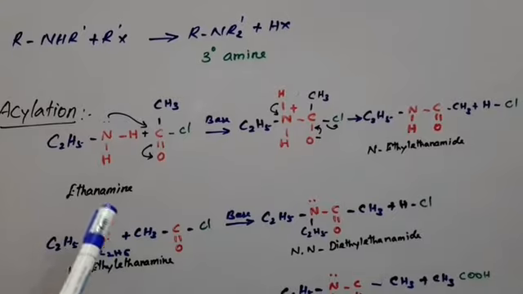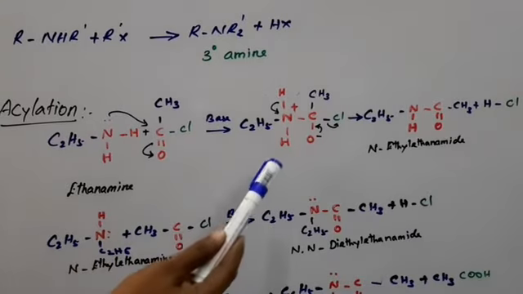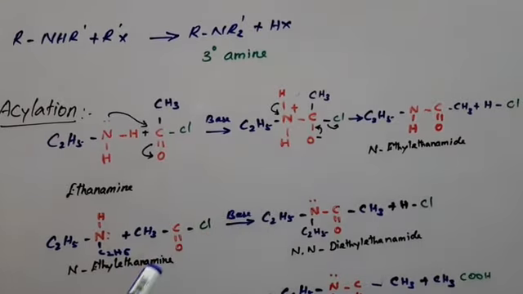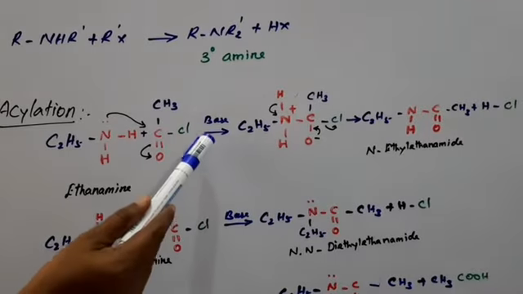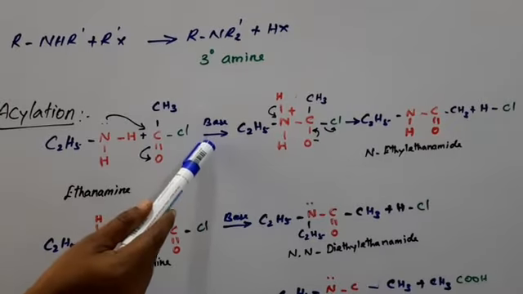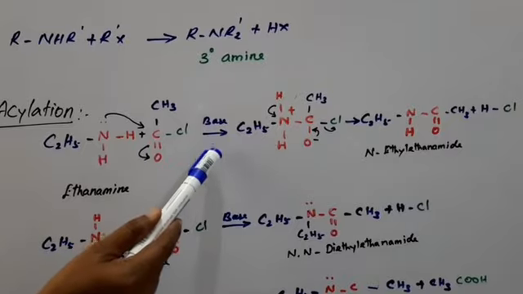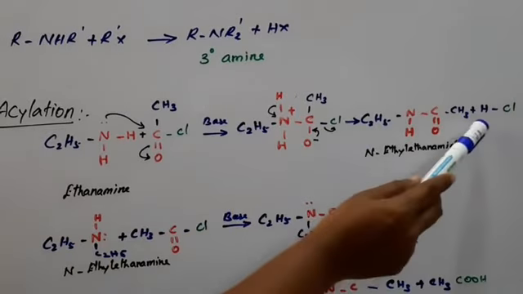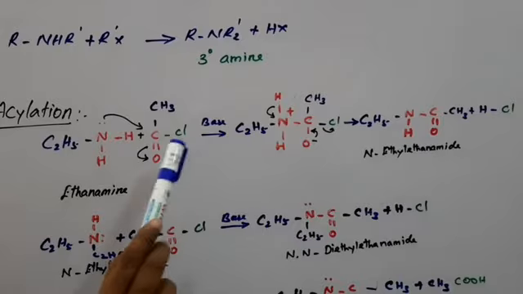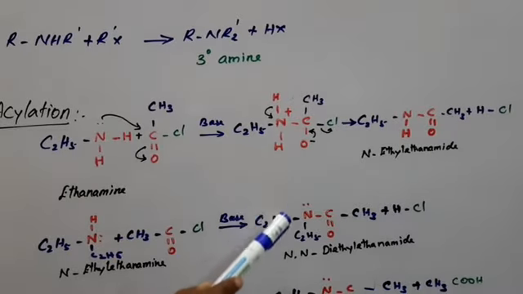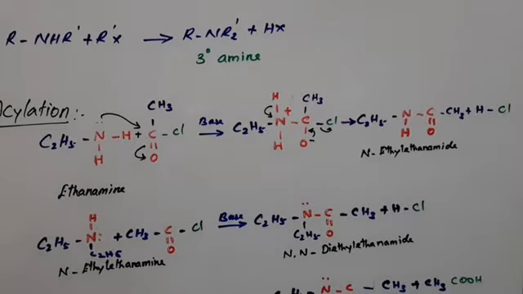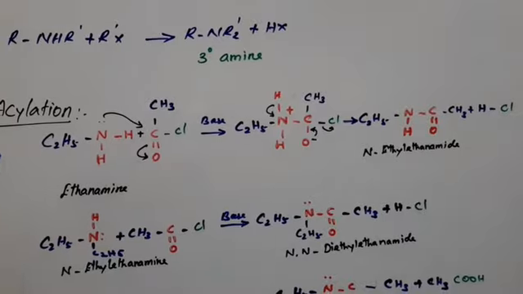This reaction is known as acylation, and in the product we get an amide. This reaction takes place in the presence of a base like pyridine. The highlight here is that the removal of HCl favors the forward reaction, so we can get enough yield.